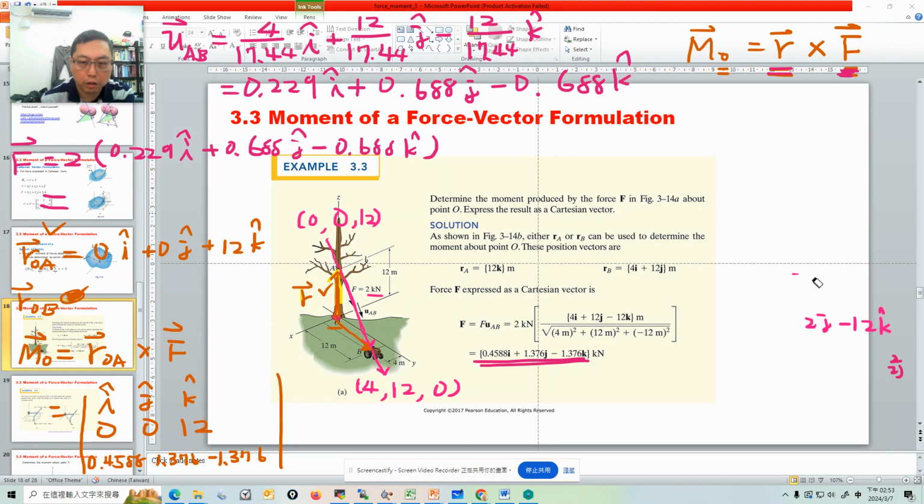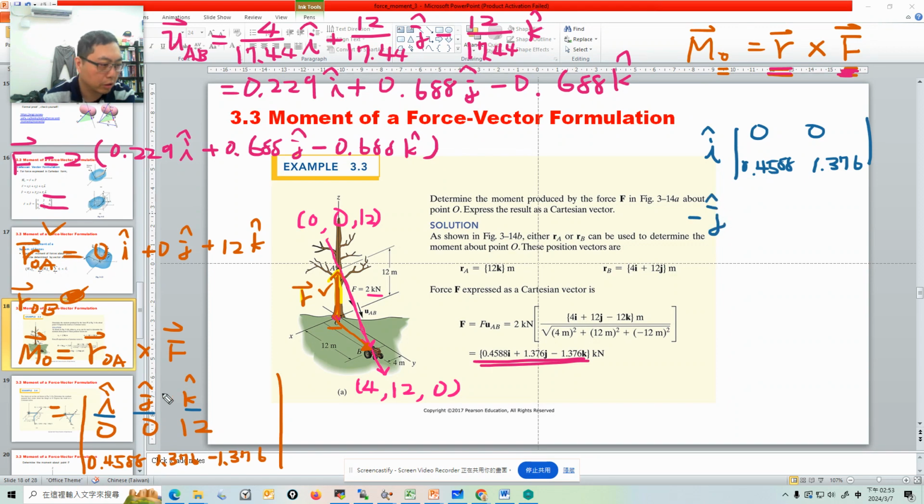So let's start with the 3×3 determinant calculation. We use these three elements as cofactors and do the expansion. First is i, so it will be 0, 0.4588, 1.376 for j, and minus j.